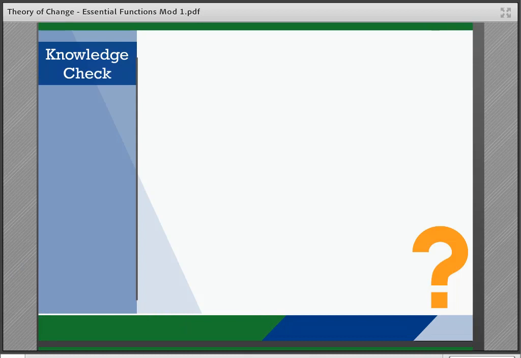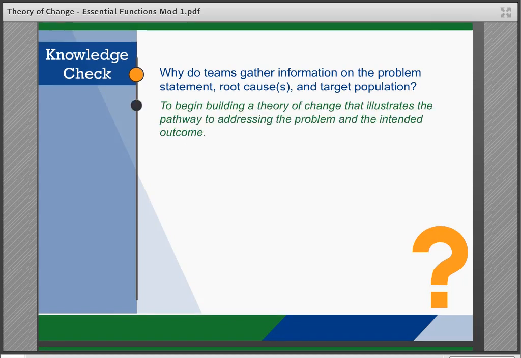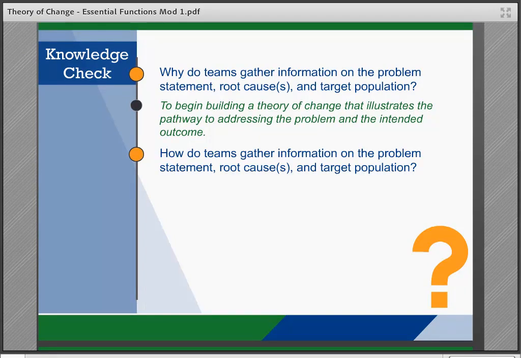Let's take a moment to check in on what you've learned about gather information on the problem statement, root cause or causes, and target population. Why do teams gather information on the problem statement, root cause or causes, and target population? To begin building a theory of change that illustrates the pathway to addressing the problem and the intended outcome. How do teams gather information on the problem statement, root cause or causes, and target population?